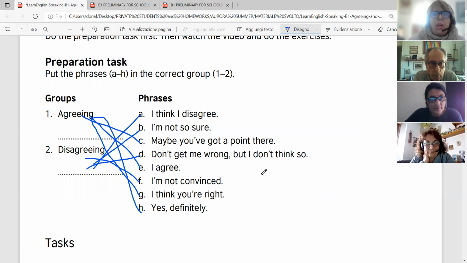Okay. So even when you are doubtful and you are not so precise in your idea, you are expressing disagreement. For example, I'm not convinced. Yes, but even if you say but, it is already a disagreement.